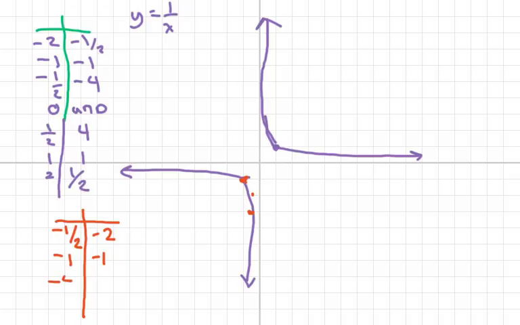Negative 4 goes to negative 1/2. And what happens is you get the same equation, just like we did with the linear equation. You get the same graph. They're right on top of each other. They just get switched around.